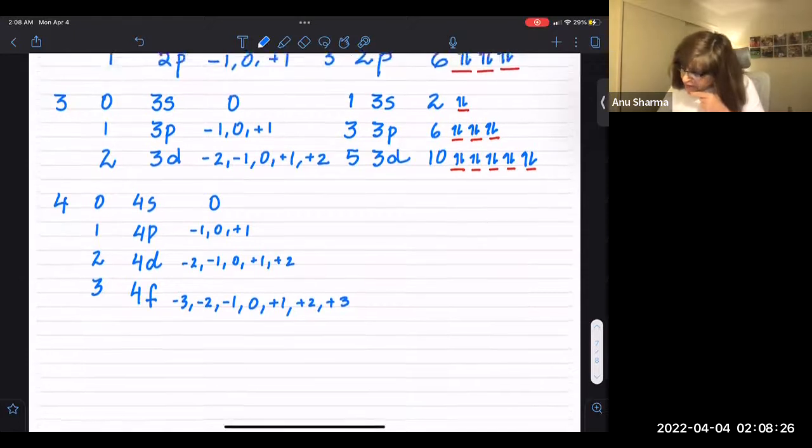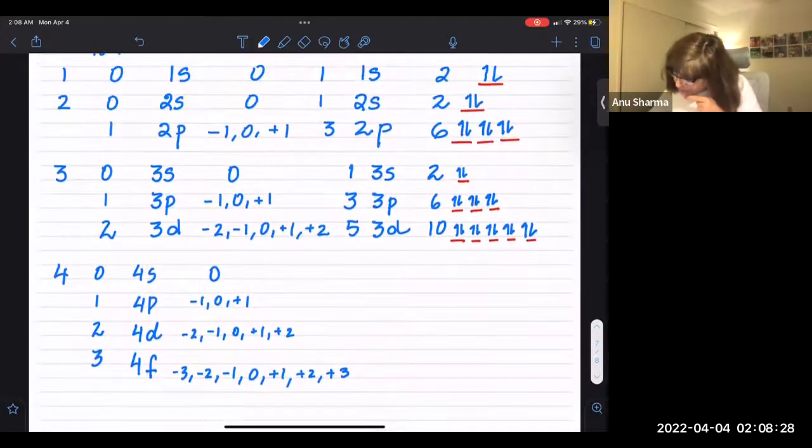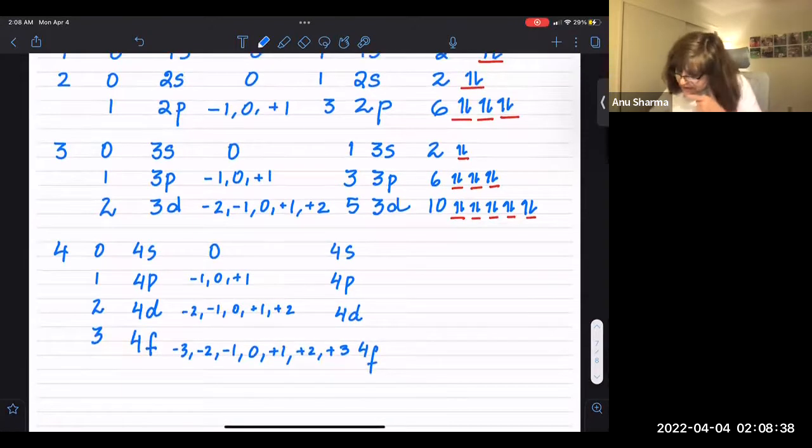Okay. Now the names of the orbitals are 4s, 4p, 4d, and 4f. And as you can see, the s will always have 2 electrons.